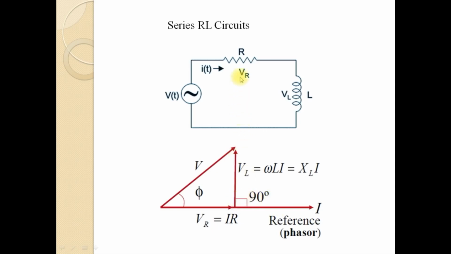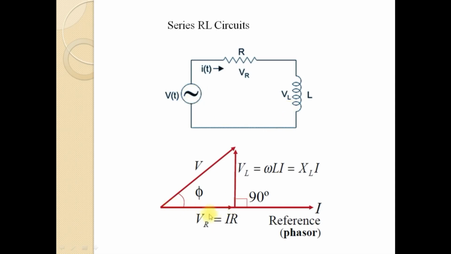Now you can see that the drop across the resistor plus the drop across the inductor will give the total applied voltage, and all these quantities are represented in phasor form. So this is the phasor representation of the applied voltage. If you add this vector and this vector, the resultant will be this vector. If you apply Kirchhoff's voltage law, the sum of the drop across the resistor plus the drop across the inductor should give the applied or the total voltage.